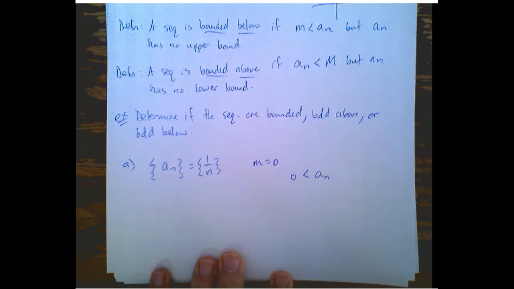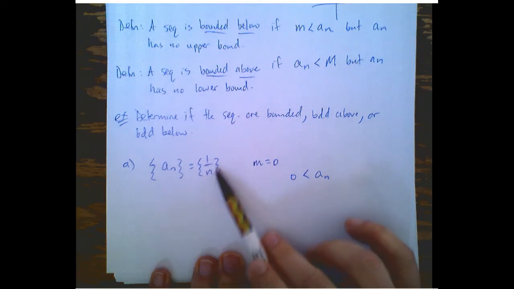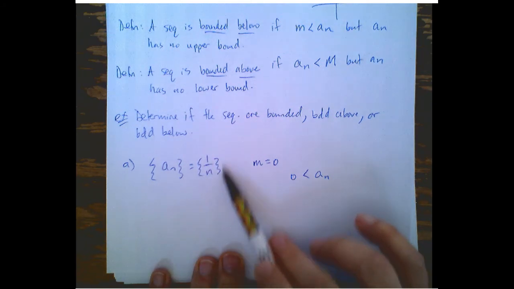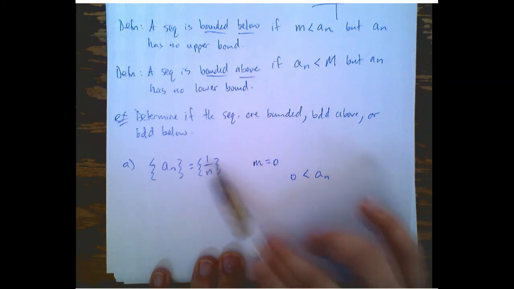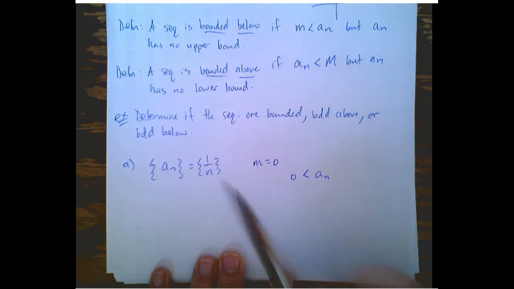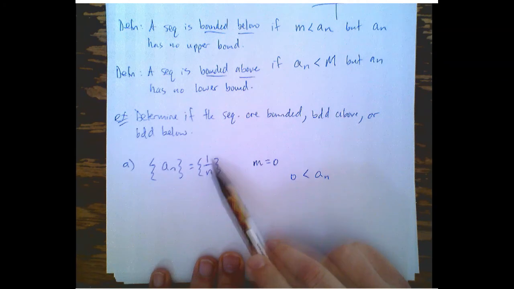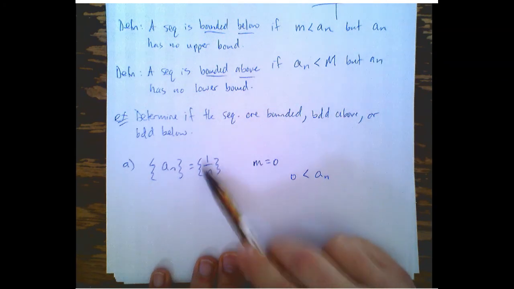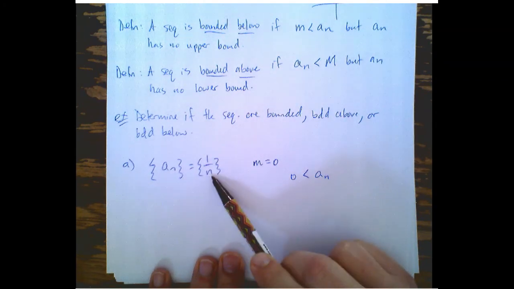Now, how about the largest term? Is there an upper bound on this sequence, such that the terms will never be above that value? Well, the largest term that this sequence can pump out is 1, right?